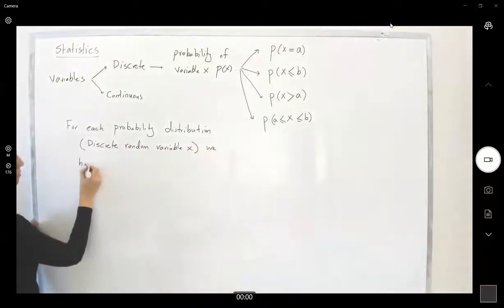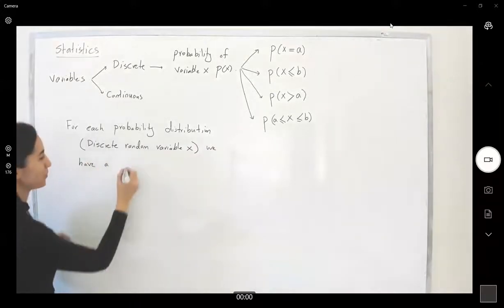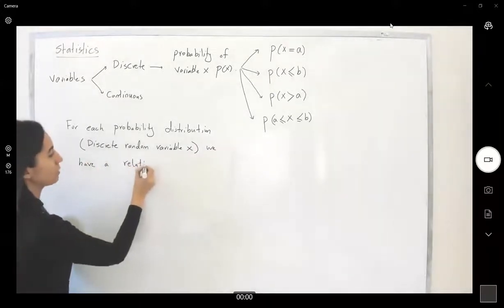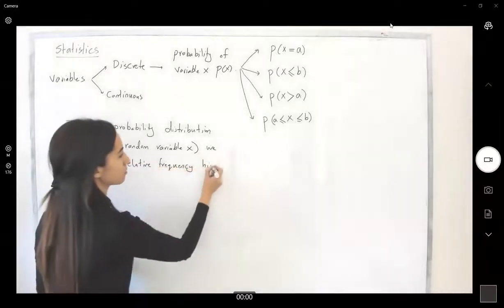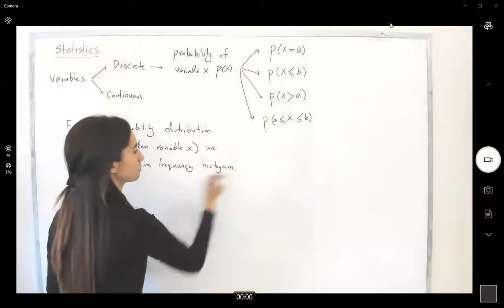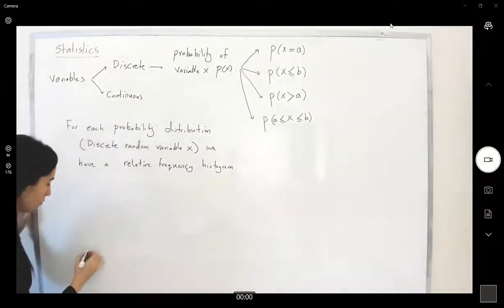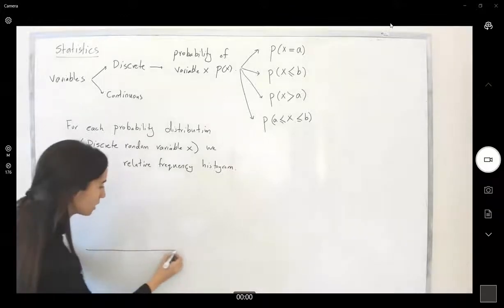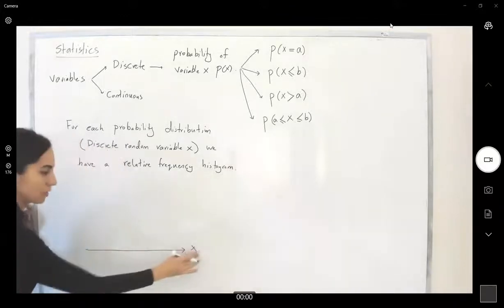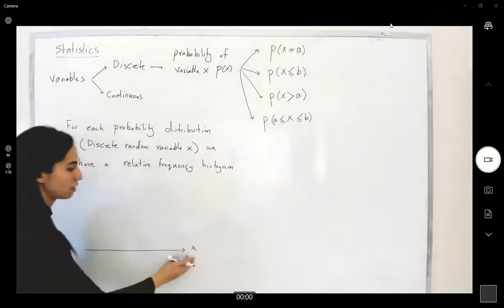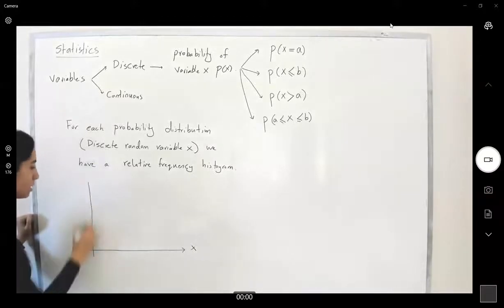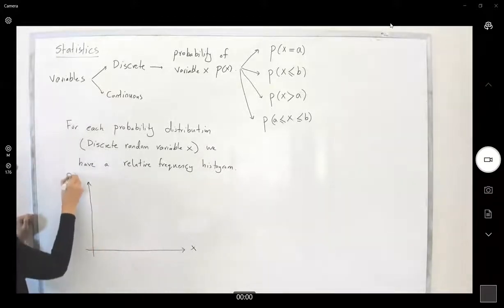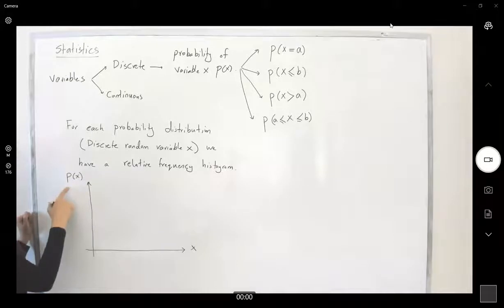We have a relative frequency histogram. Well, suppose your relative frequency histogram is given as follows. On the horizontal axis, we have x, the random variable x, and on the vertical axis, you have p of x, the probability of variable x.